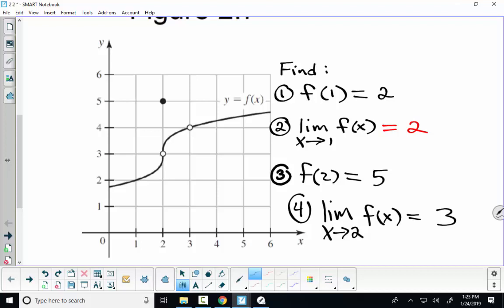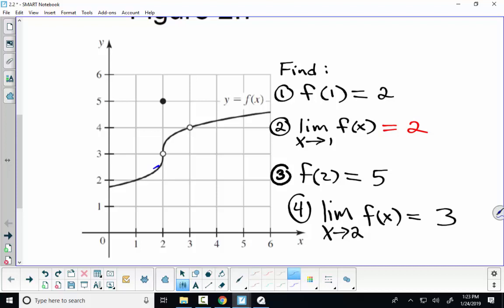We might pause and say, well, the piece that I'm traveling along has a hole right there at that y value, because the function's not defined at that particular location. But remember, the limit is concerned with, as we get closer and closer to 2, what do the function values, or the y values, get closer and closer to?